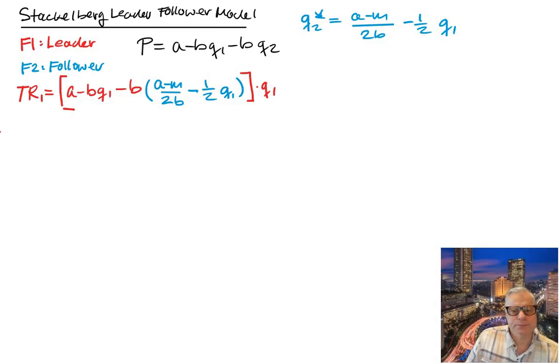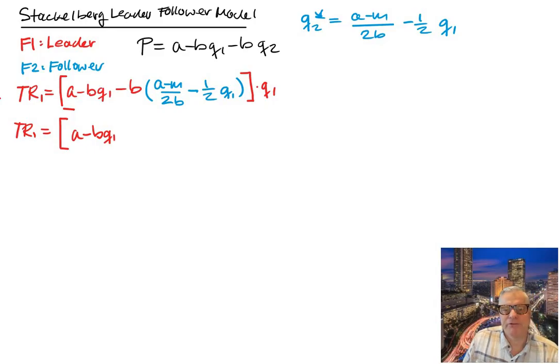So now we can maybe clean up that term a little bit. So the total revenue is, let's just focus on the bracket first. So that's A minus BQ1. So then we have here minus B over 2B.